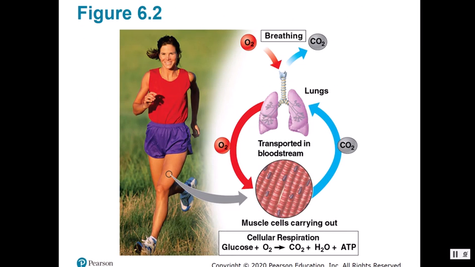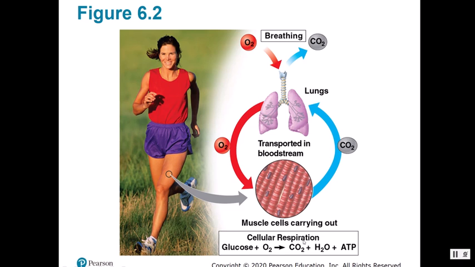Now, you can see our runner here, and she's breathing heavy. If you're running, you're usually breathing heavy. So oxygen comes in to the lungs, where the blood surrounds the lungs. It is transported in the bloodstream to all the muscle cells that are carrying out cell respiration.